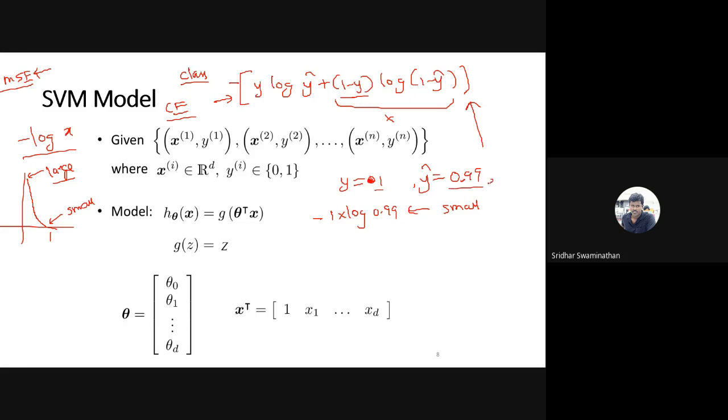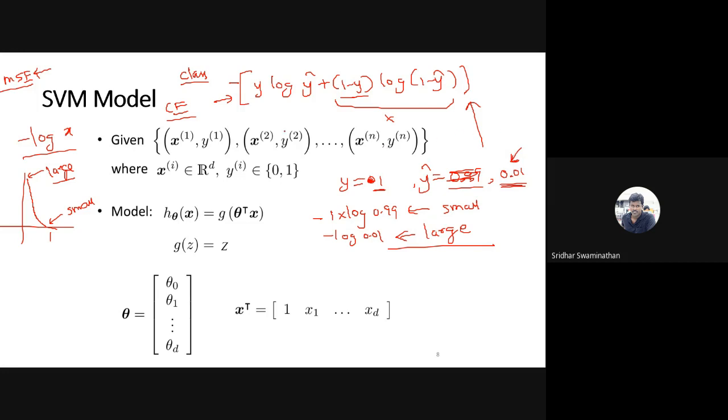Imagine that instead of 0.99, the model has given something like 0.01. What we should have predicted is 1, but what the model has predicted is 0.01. Then in that case, minus log of 0.01 will become a large number. It means we made a huge mistake in the model prediction.